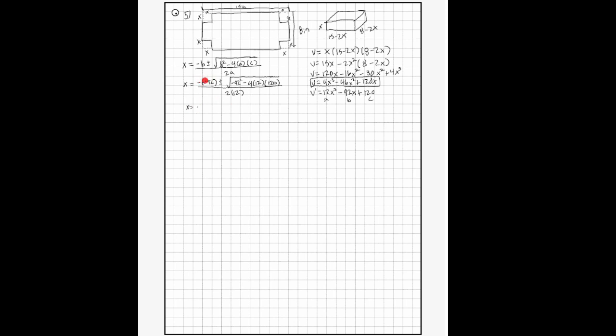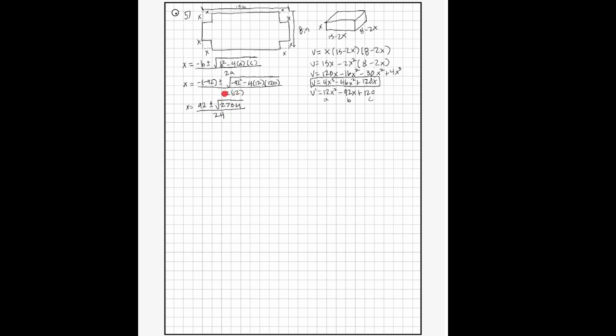Also, these negatives cancel out, since negative times negative makes positive. So I've got 92 plus or minus the square root of 2,704 over 24, because 2 times 12 is 24.